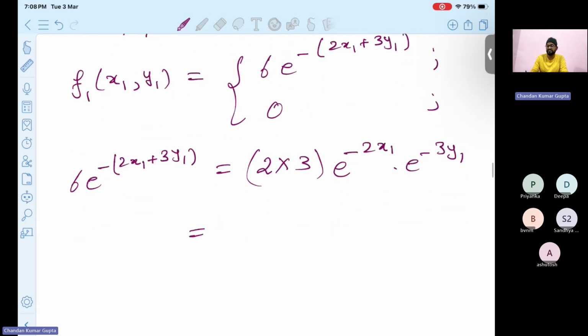These are already discussed. Very simple question. This is nothing but the product of two exponentials.